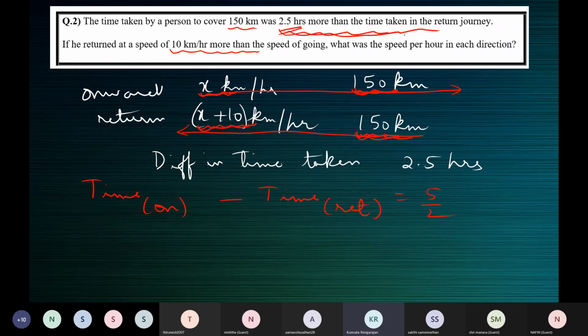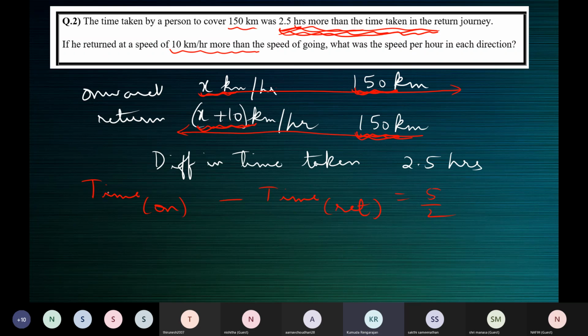Even if I do it many times, only when you receive it correctly, you understand. So time taken for the onward journey is more, so that one minus time taken for the return journey, which is less. This difference is 5 by 2.